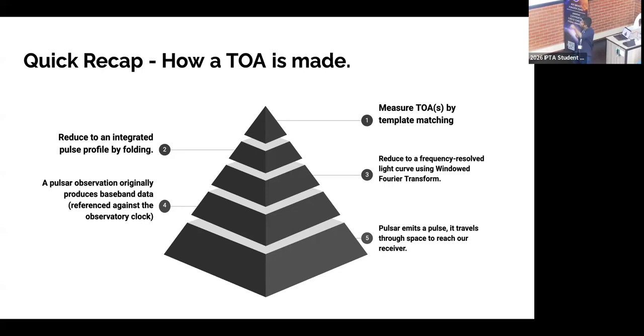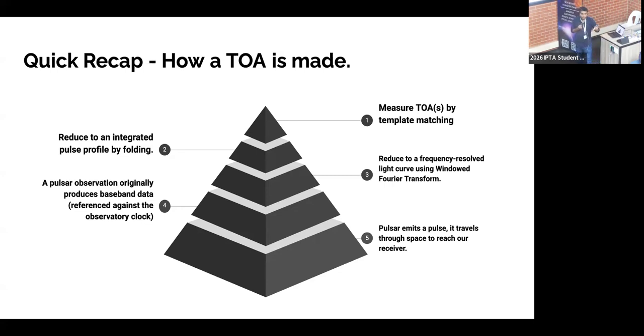And the aim here is to reduce the size of the data so that we can work with it easier. But still, to measure a TOA, we have to fold this data to obtain what is known as an integrated pulse profile. And then we measure a TOA or multiple TOAs from this integrated pulse profile by matching it against a template.